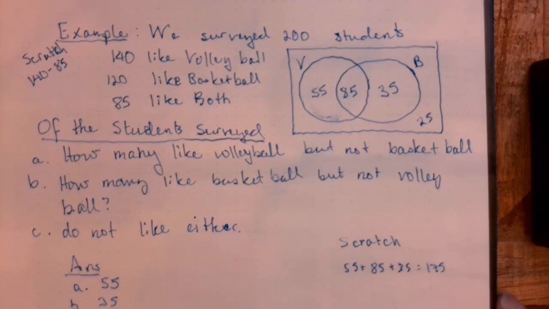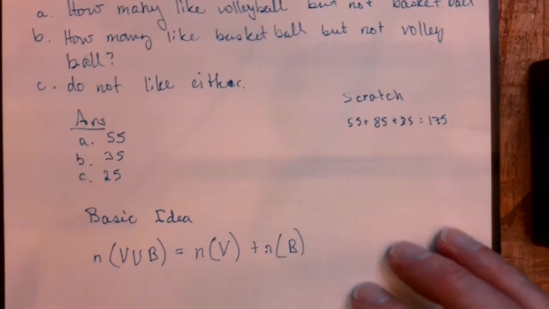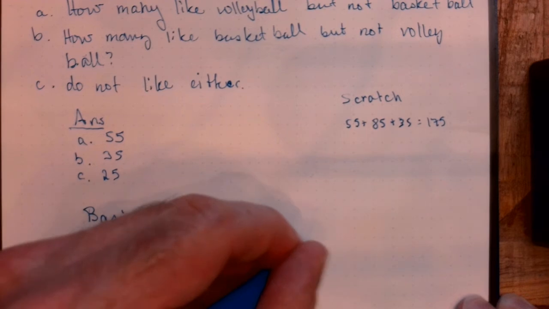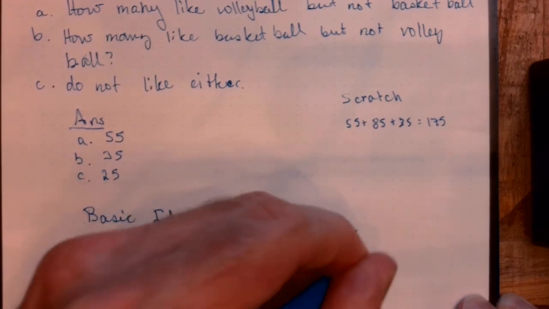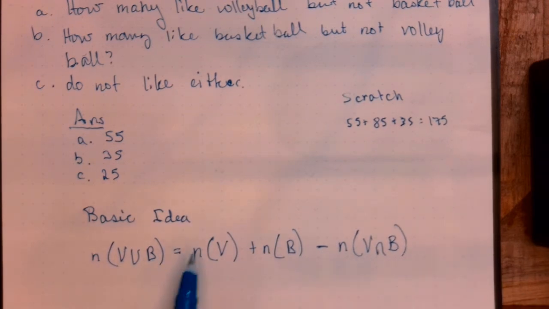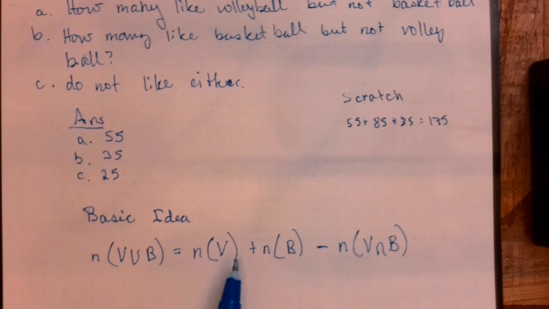You've got to account for the overlap. So the number of people in the union is equal to the number of people in each set individually minus the overlap. This is the relationship between the quantity in each set and the quantity in the union. You've got to sum up each individual part and then take away what's in the intersection.